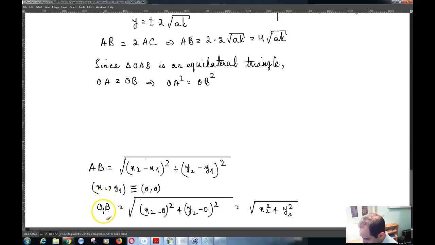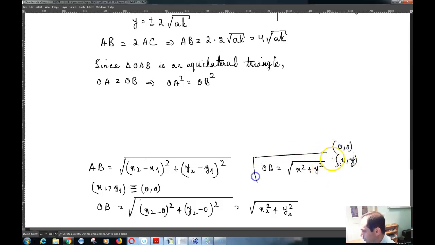In a general way, I can write OB is equal to the square root of x squared plus y squared. For any x and y, the distance of any point x, y from the origin is simply this.